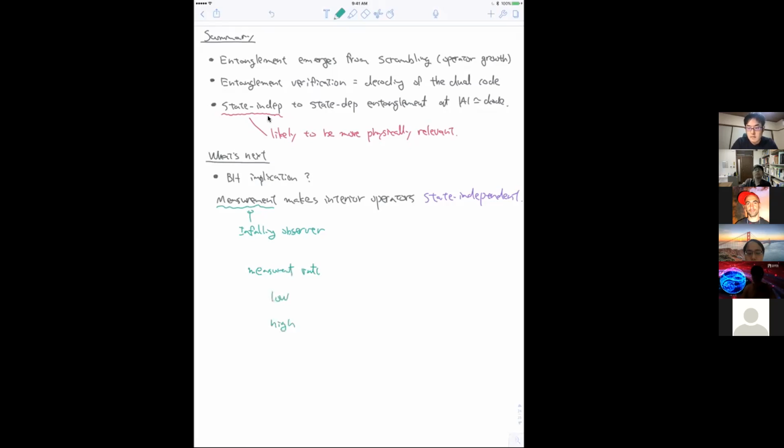If the measurement rate is low, then we retain lots of entanglement, but the code distance becomes low. If the measurement rate is high, then you are sort of training the circuit, with lots of noise, and the remaining thing is really protected. Now, the time scale to reach the equilibrium, I do not know.